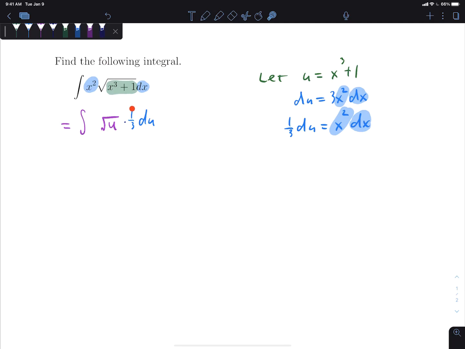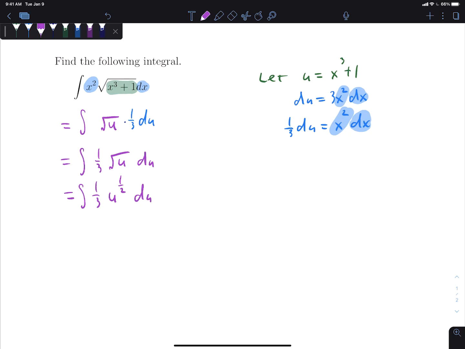I don't really like having this 1/3 here, so I like to write it right here. And so this is going to be the integral of 1/3 square root of u du. And this we can actually do by going ahead and rewriting this as u to the half power. So it gives me the integral of 1/3 u to the half power du.